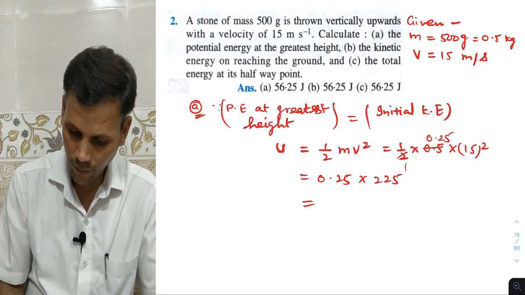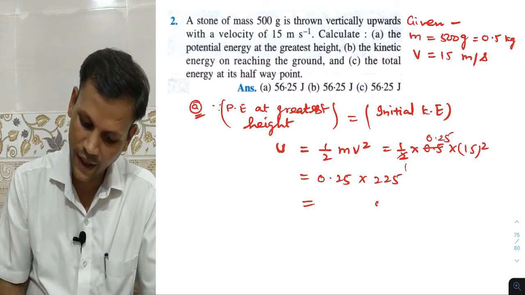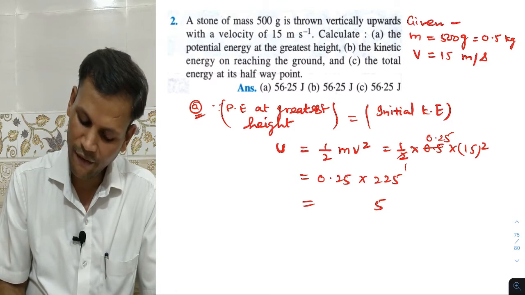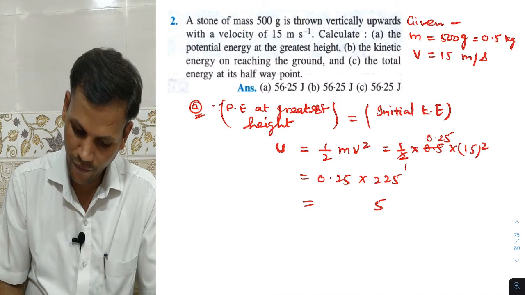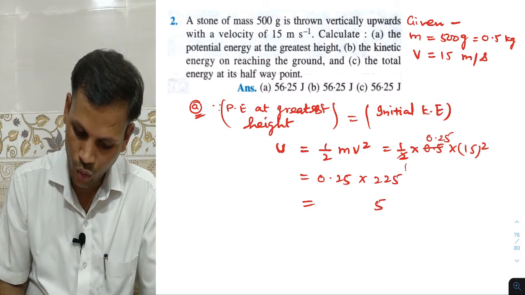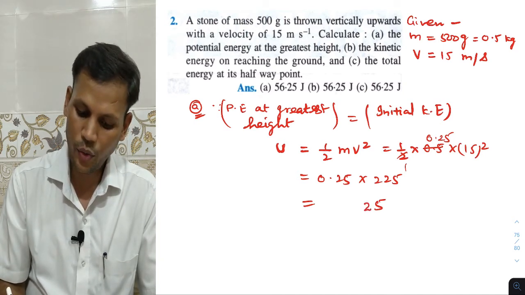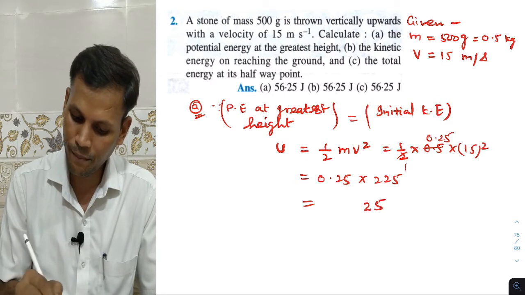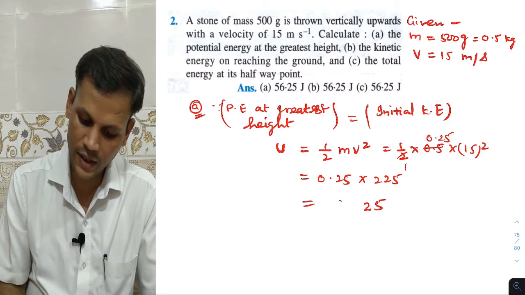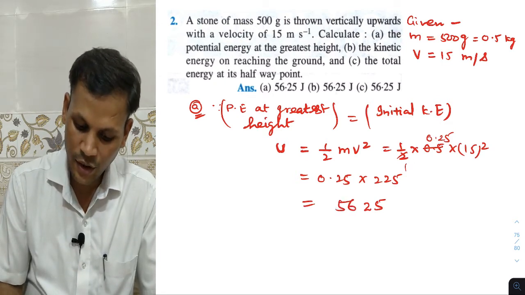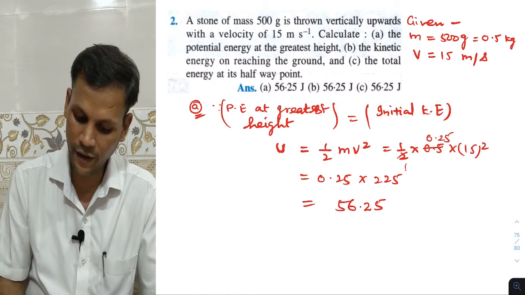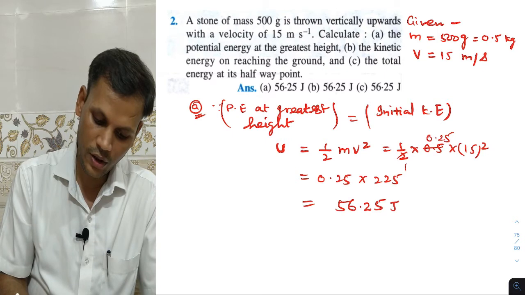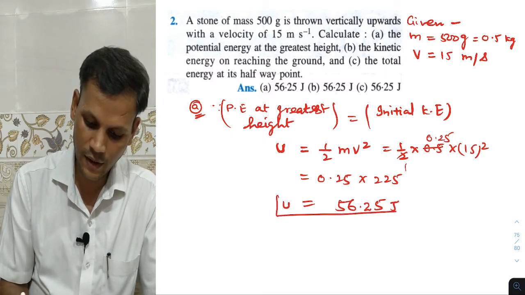So 125, 12 and 50, 62 and 6, 25 to the 50. So 56, with a decimal at 2 places, it will be 56.25 joule. So this is the A part.